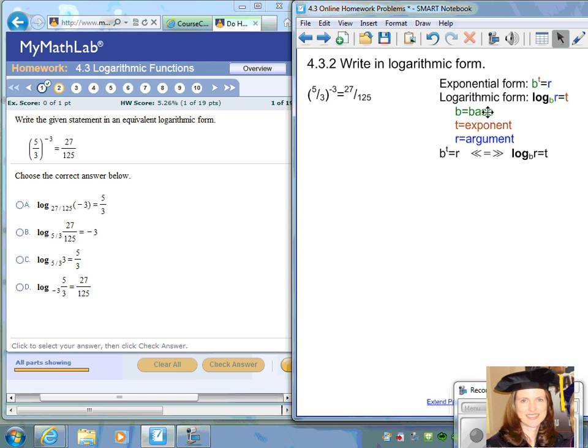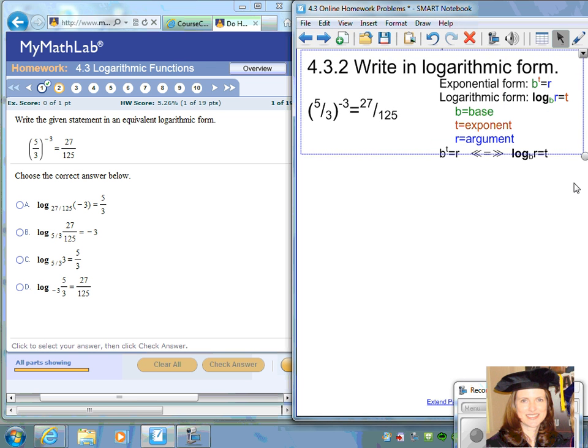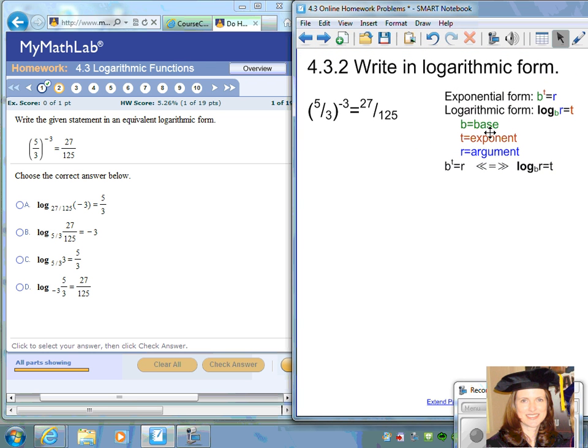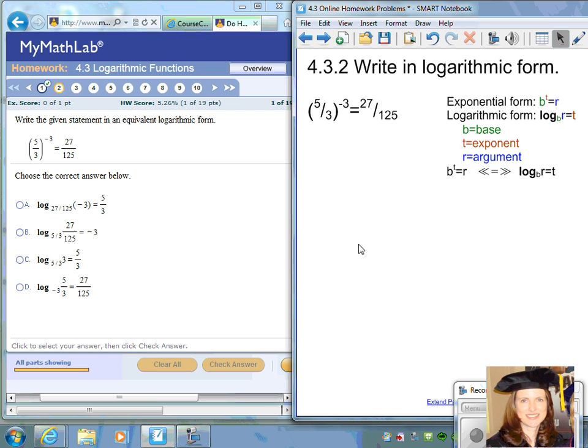Number 2, again, we have the equation written in exponential form, and we want to convert it to logarithmic form using these properties here. Let's make this a little bigger and see if we can pick out the three parts. The first part is the base.